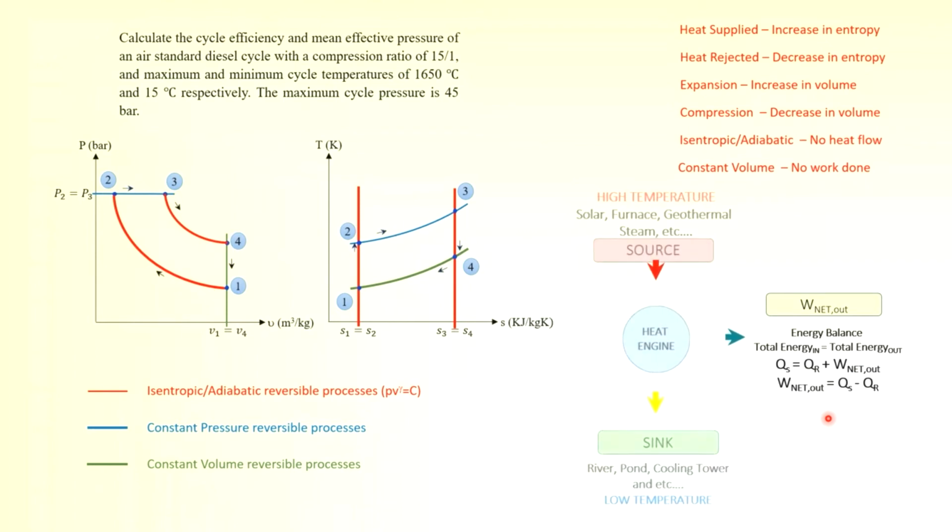So in other words, work out minus work in is equal to heat supplied minus heat rejected. So you can also say that the net area of your PV diagram should be equal to the net area of your TS diagram according to the second law of thermodynamics.